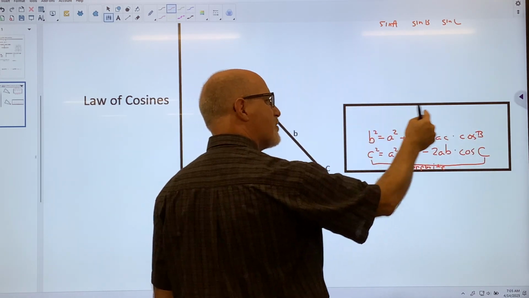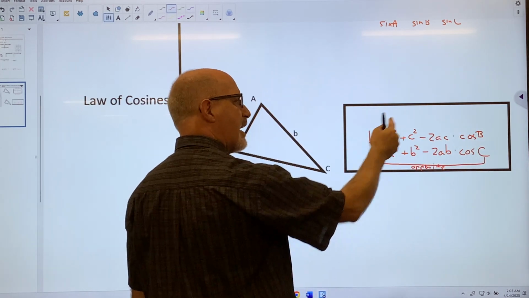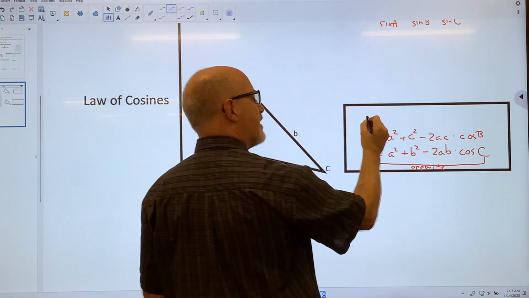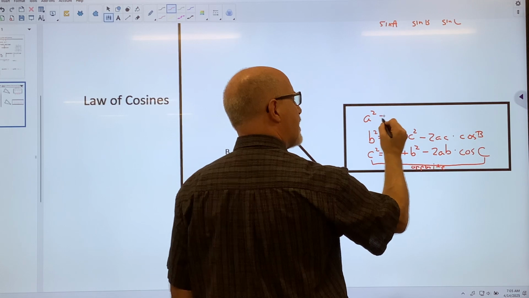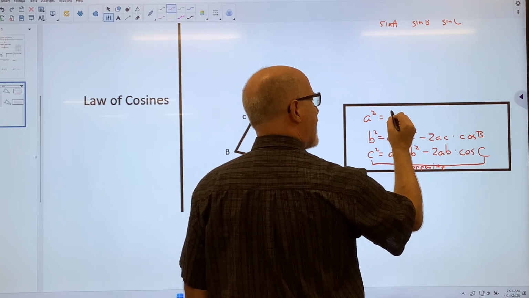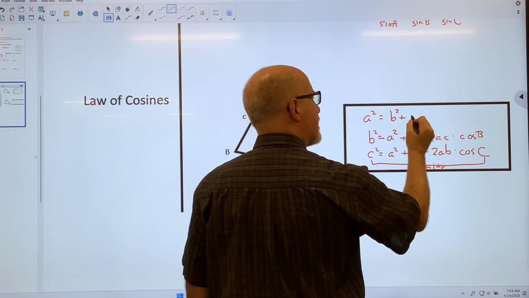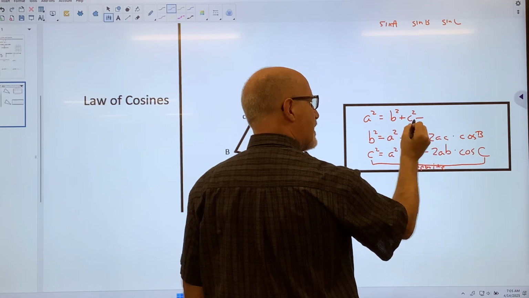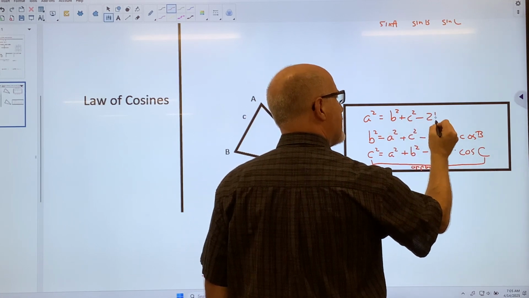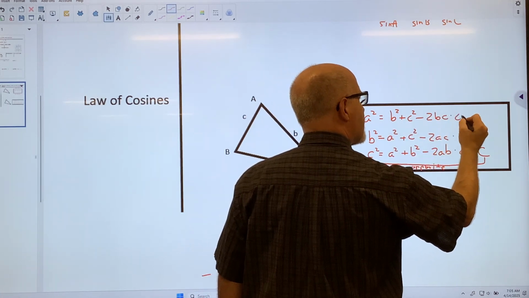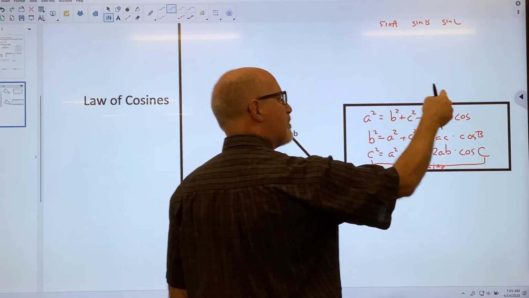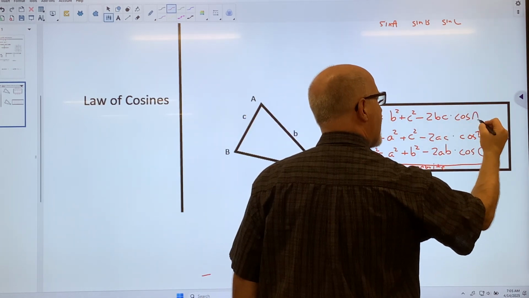So these two letters have to be the same letter: side, angle opposite it. And then the last form is a squared equals the other letters, b squared plus c squared, minus 2bc times cosine of the angle opposite the side on the other side, so angle A.